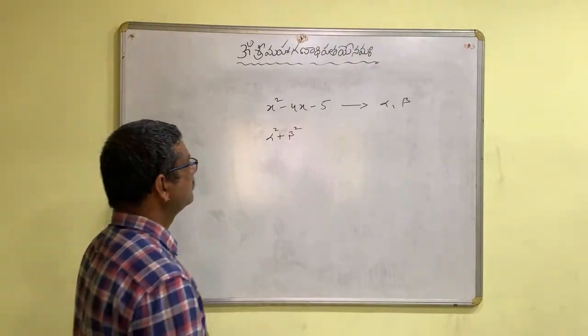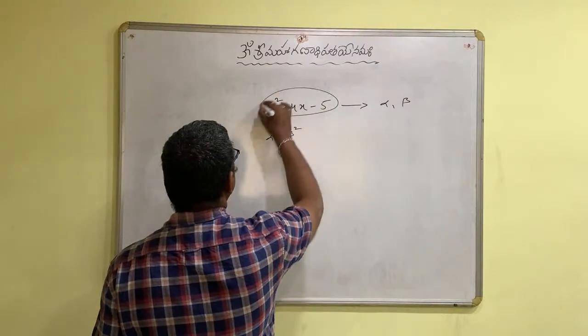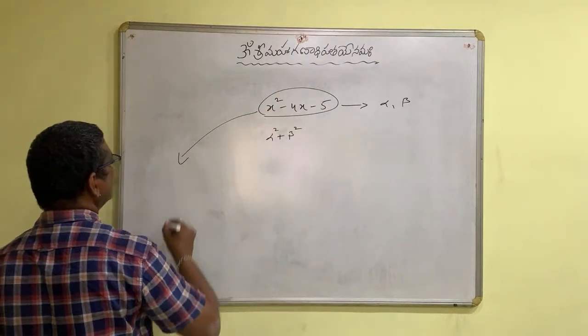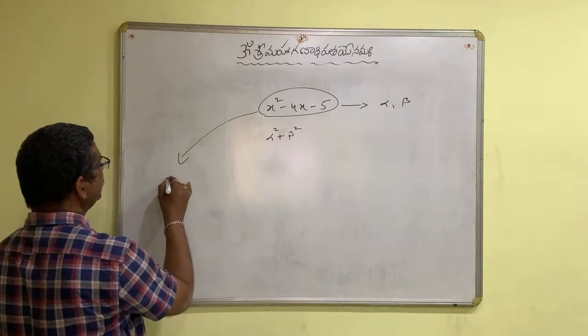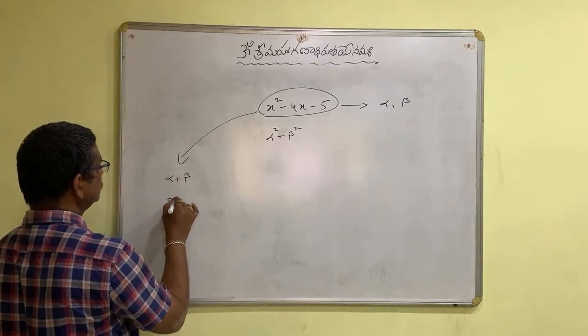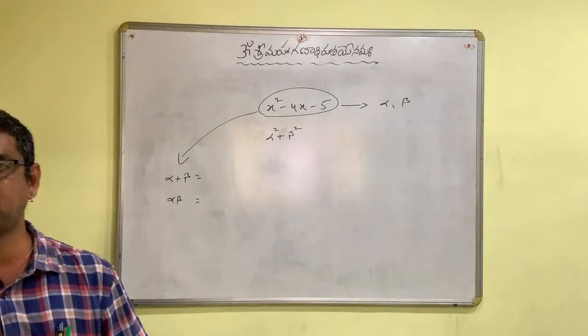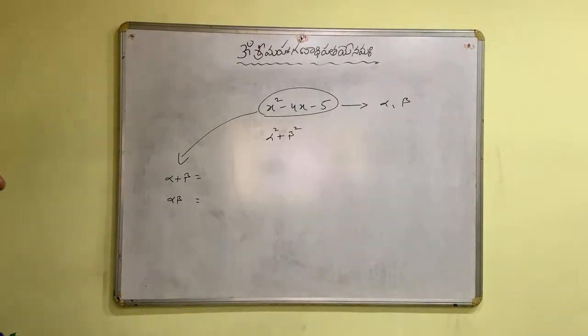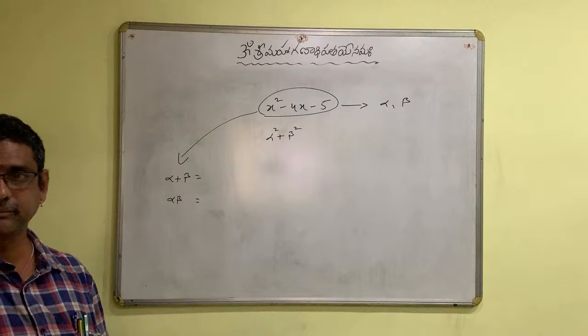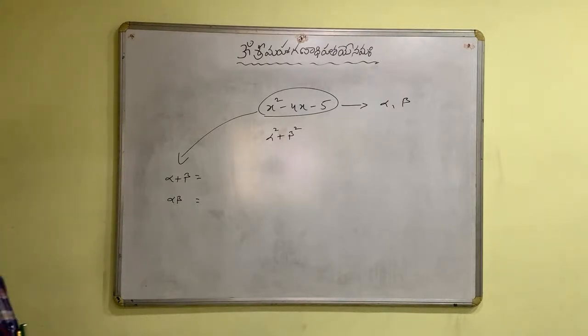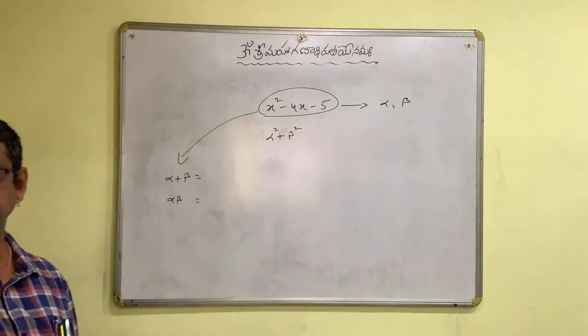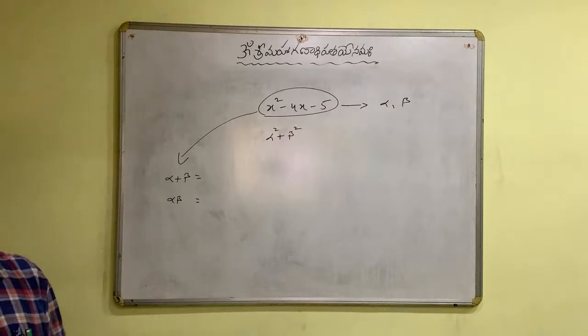See here, whenever a quadratic polynomial is given to you, immediately you need to write 2 values: alpha plus beta, alpha beta. What is alpha plus beta? Anyone?